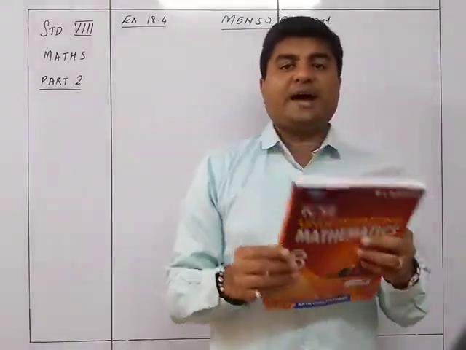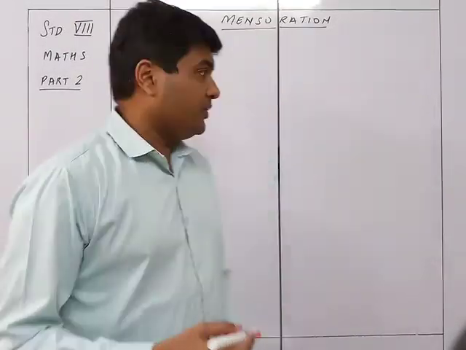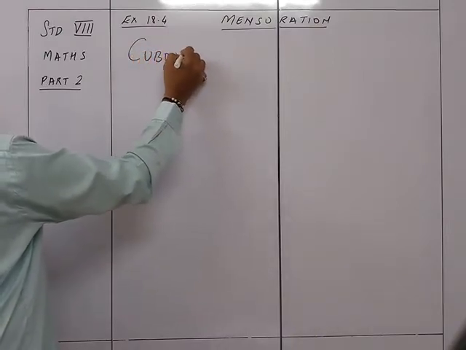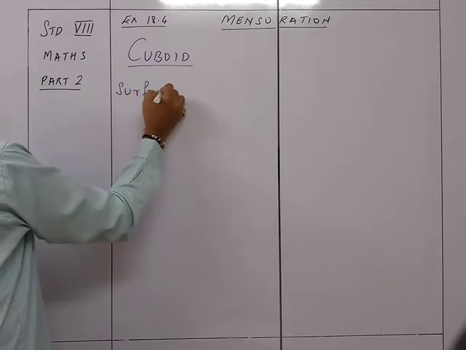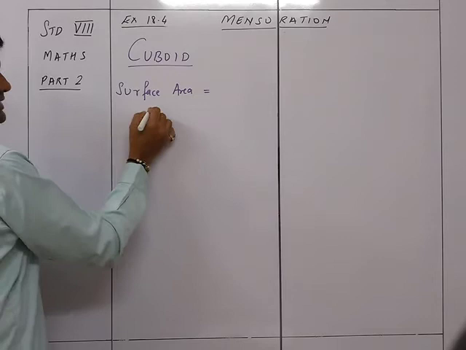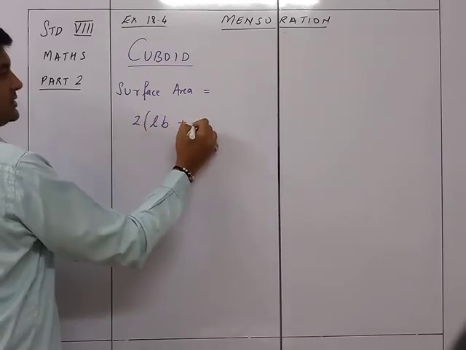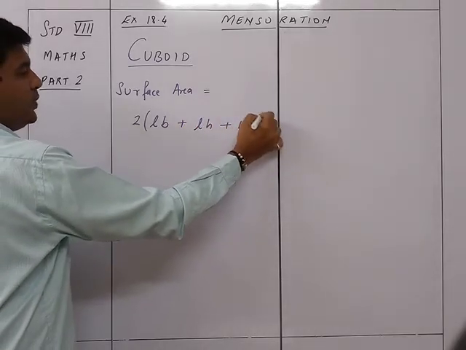So accordingly we can have the formula. In case of a cuboid, surface area will be equal to twice length into breadth plus length into height plus breadth into height.